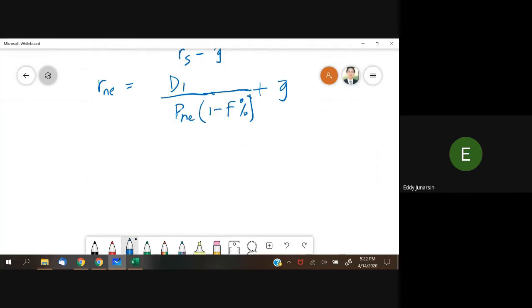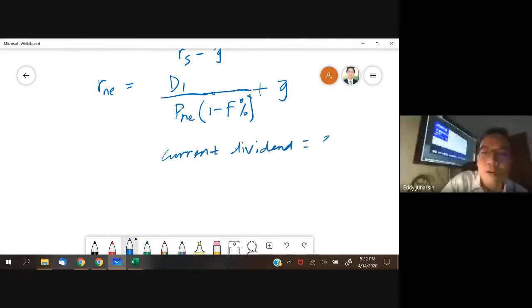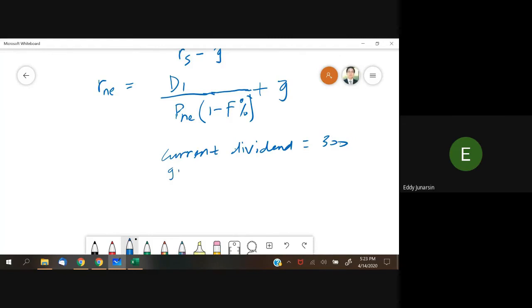Okay, let's say you're going to issue a stock, and you notice that similar stock by another company has paid current dividend of whatever 300, right? It's expected to have a constant growth forever at whatever 3%, right?